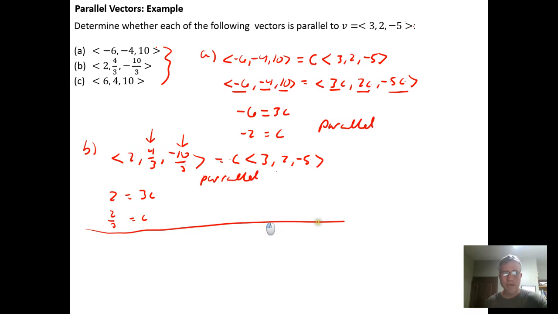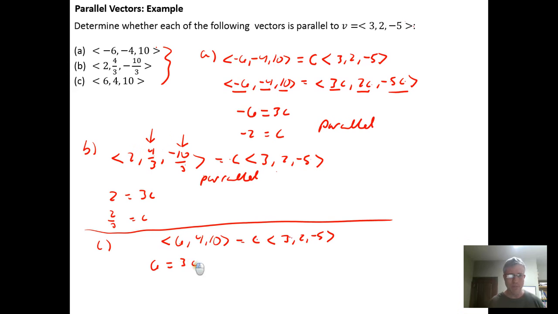parallel. So finally, for C, for the vector 6, 4, 10, we need to find out if there's a scalar c such that this equals c times 3, 2, -5. So we play the same game. We know that 6 is going to need to equal 3 times c. This means that 2 needs to equal c.